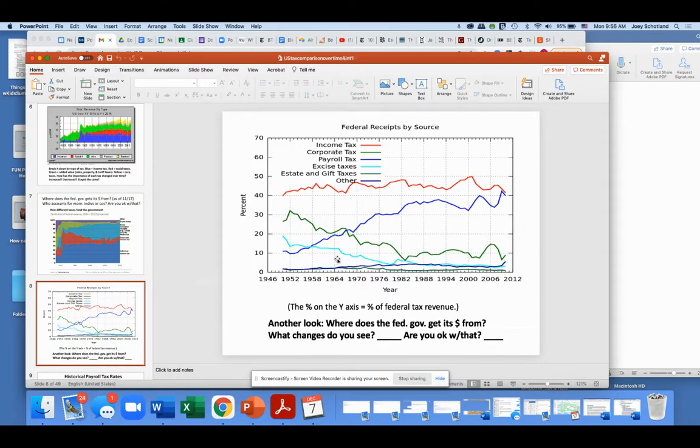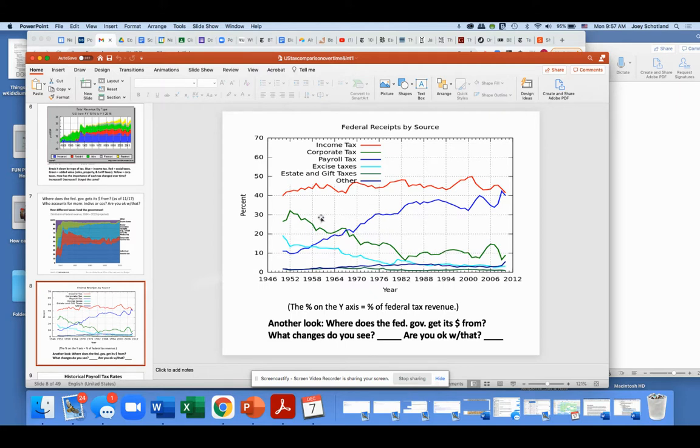Here you see changes over time going back to 1946, and you see the payroll taxes have gone up or down. So Social Security and Medicare taxes have gone up or down in terms of where the federal government gets its money from. And corporate taxes, that's corporate taxes in dark green.